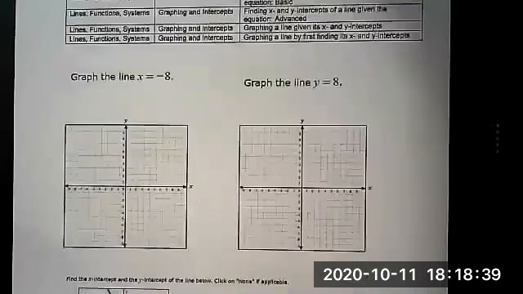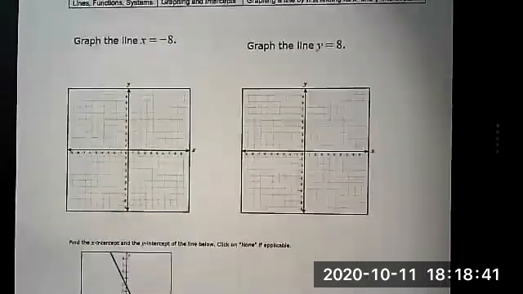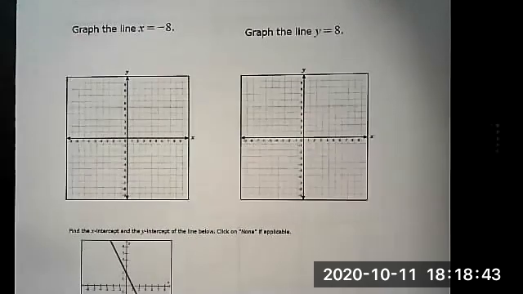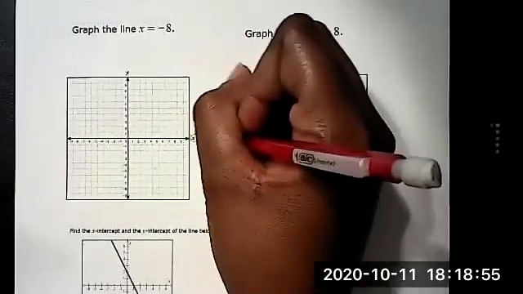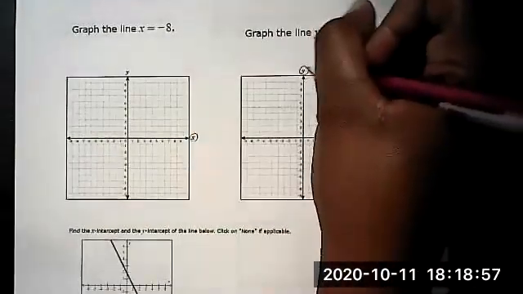First and foremost, graphing X equals and Y equals. For some reason these give people problems, but if you understand the process, it's easy. With X equals, this is your X line and this is your Y line.